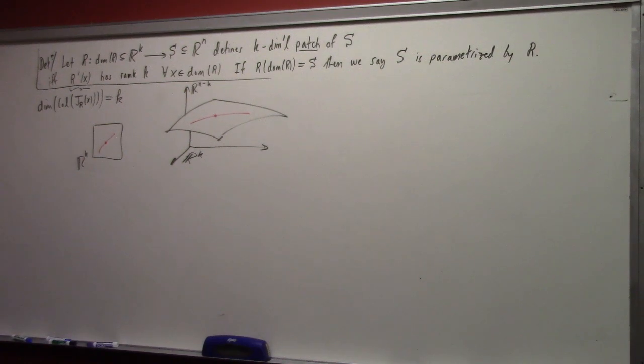Yeah, we have at least k linearly independent column vectors. In other words, there are k linearly independent partial derivatives, which in this context means all of the partial derivatives of R are linearly independent because there are just k of them to take.